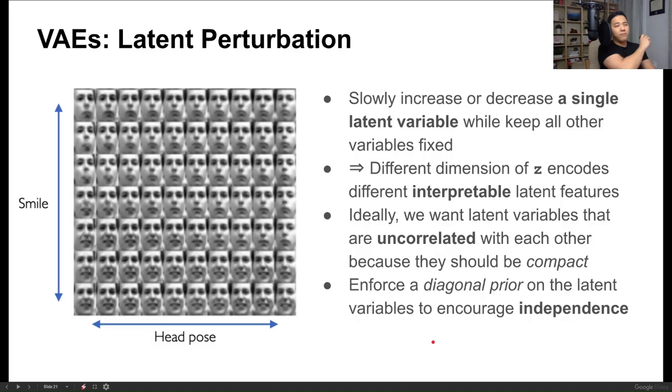You can reinforce this by enforcing a diagonal prior on the latent variables. What will happen is that each variable tries to be more correlated to itself instead of other variables, which encourages independence. This is overall called a disentanglement process in latent space. We're not going to have enough time to go into the details of that, but just so you know.